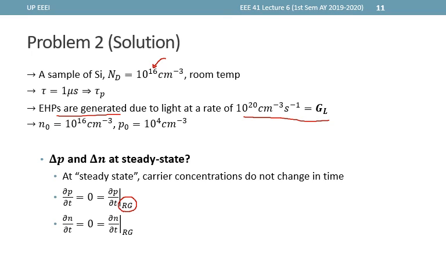So this term right here already includes the generation due to light and indirect thermal Rg. So why do we say indirect thermal Rg? Because this is silicon, which is an indirect semiconductor, and we have already said that the dominant Rg mechanism for silicon is indirect thermal Rg.